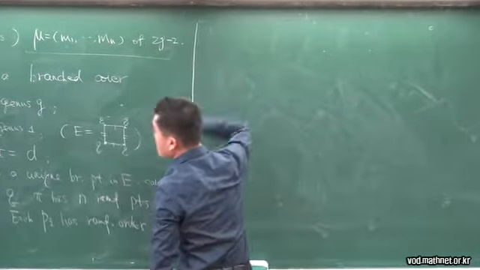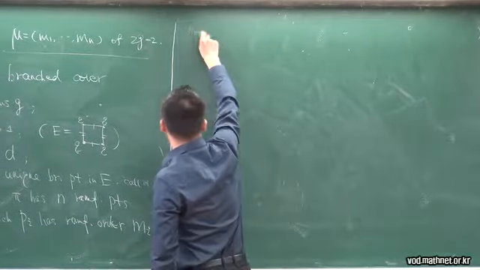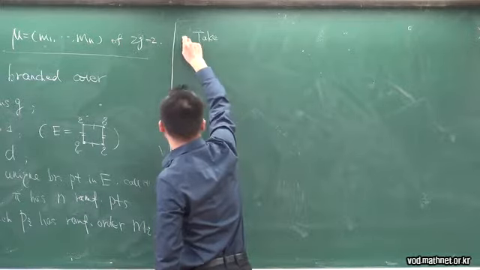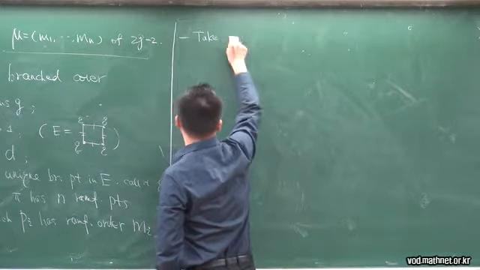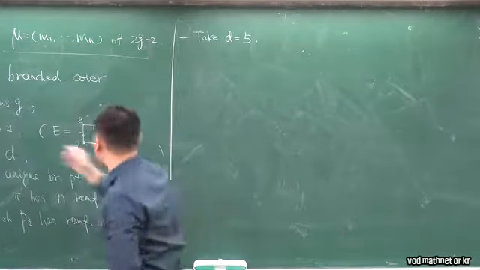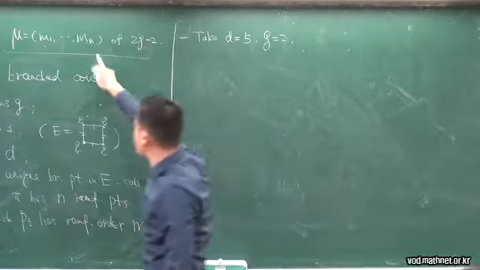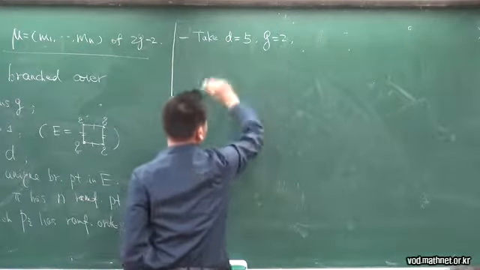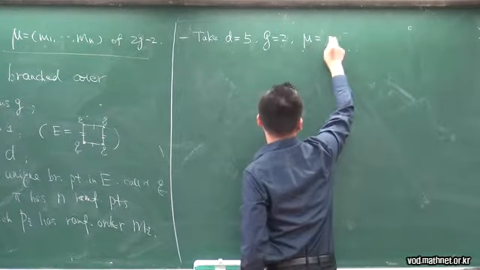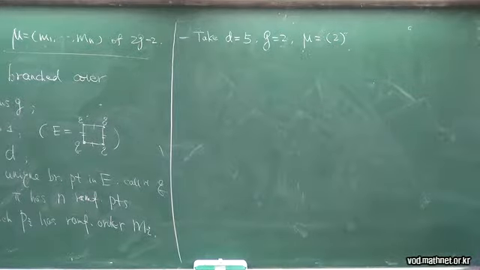So let's take, say, d equal to 5. The genus of C, let's take it to be 2. So let me take the partition mu. Now 2g minus 2 is 4. Let's take a single entry partition corresponding to a double zero.